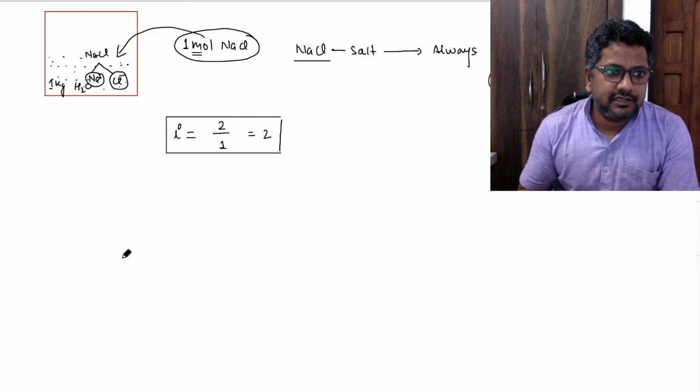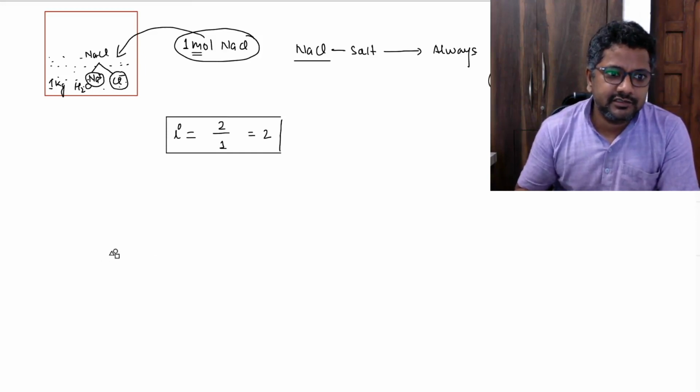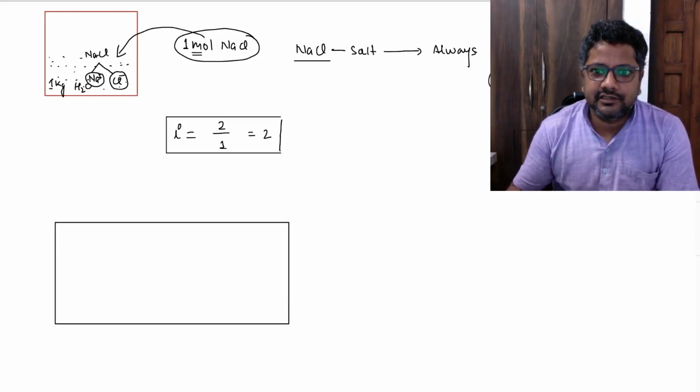Suppose we take acetic acid, which is a weak electrolyte and will not fully dissociate.